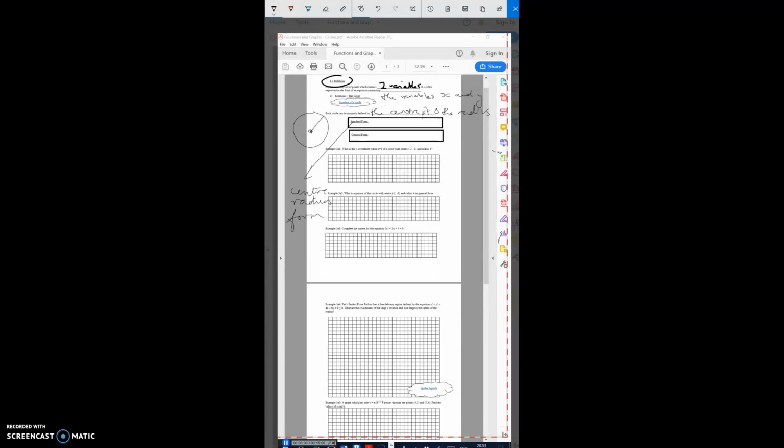Standard form includes the coordinates for the center of the circle, and the radius. So standard form is in the form (x - a) all squared plus (y - b) all squared equals r squared, where (a, b) is the coordinates of the center of the circle, and r equals the radius.